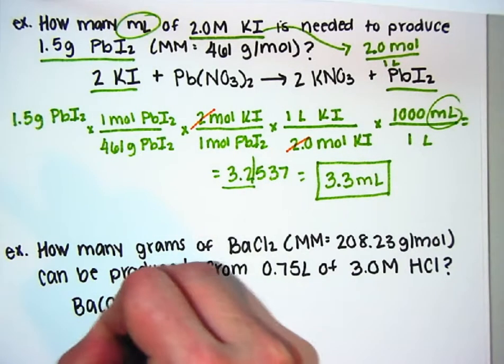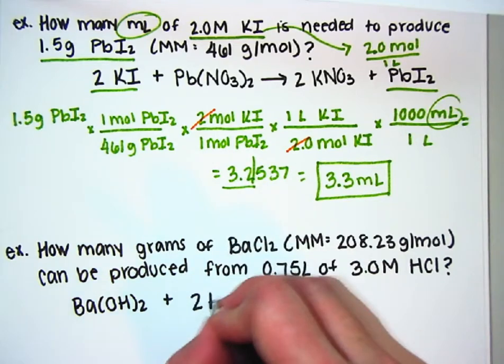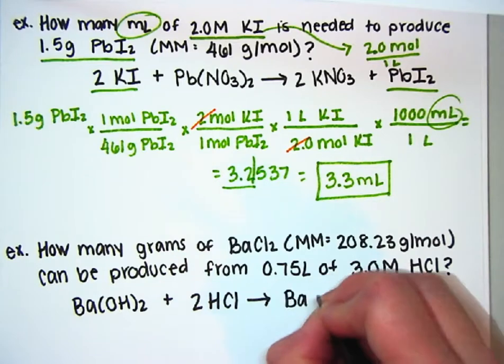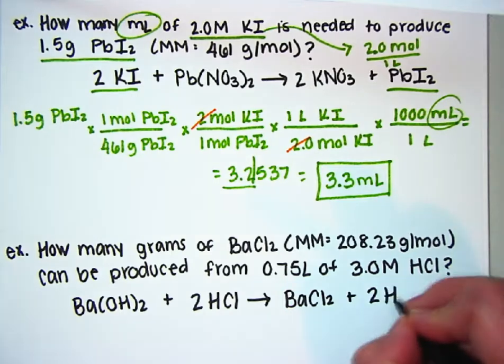For the balanced reaction, we have barium hydroxide reacting with 2 moles of hydrochloric acid to produce solid barium chloride and 2 moles of water.